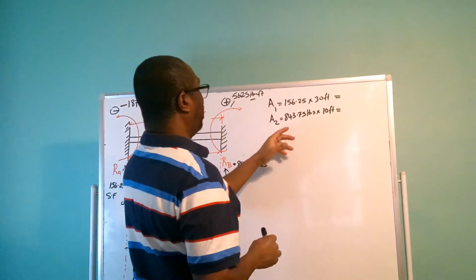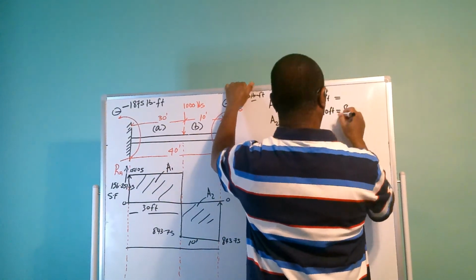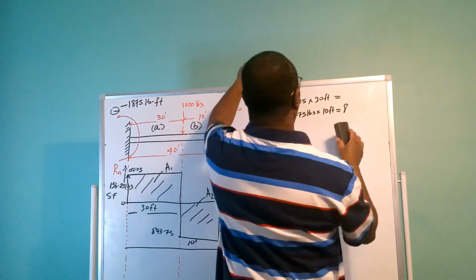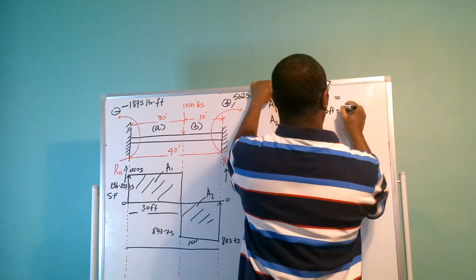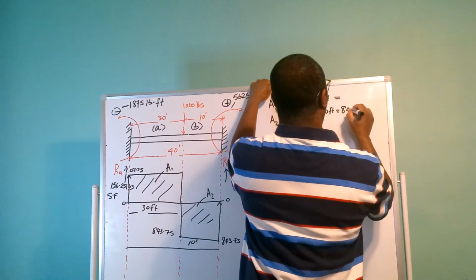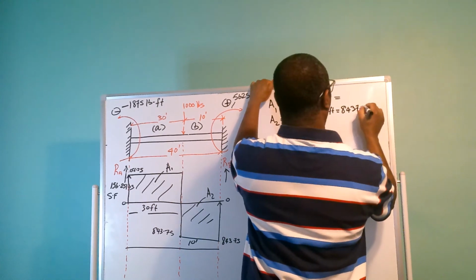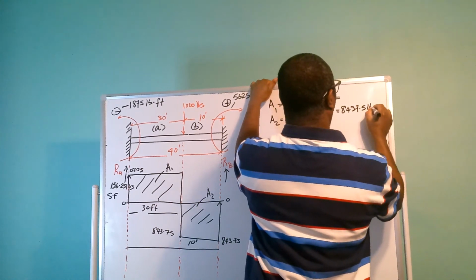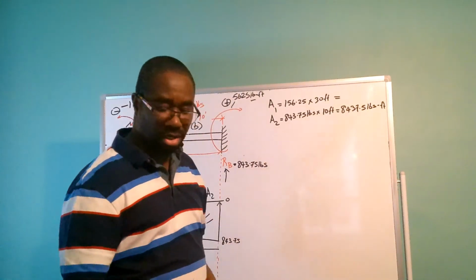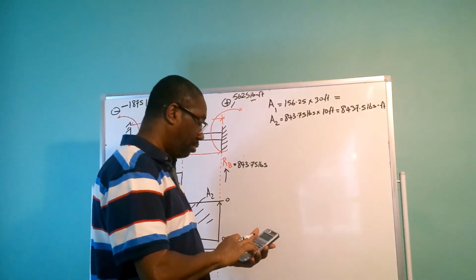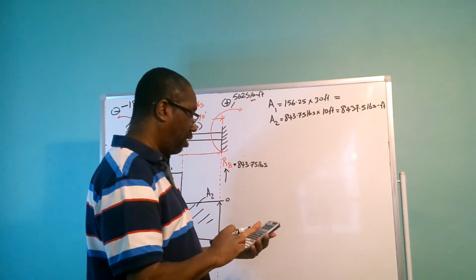So right away I can tell, to move one decimal place, this is going to equal 8,437.5 pounds foot, and this is going to equal 156.25 times 30.